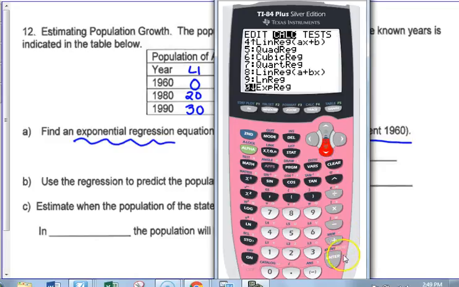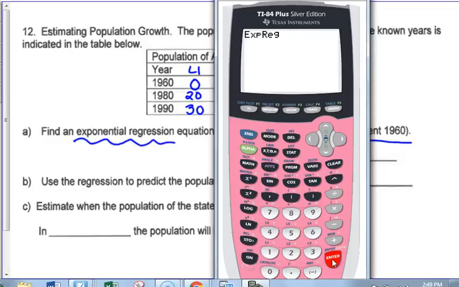List 1 and list 2. I'm actually not even going to store it because I just want to see it on the screen.